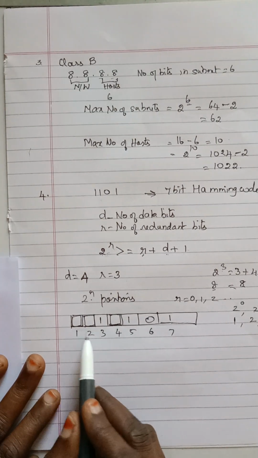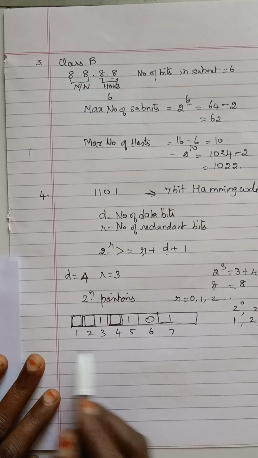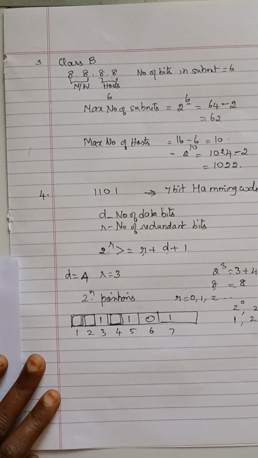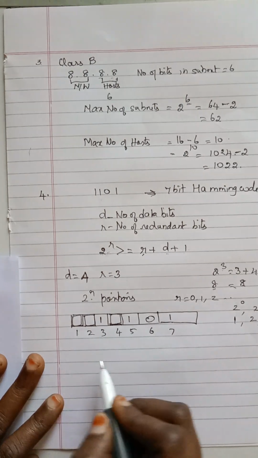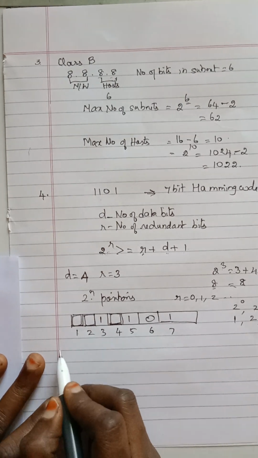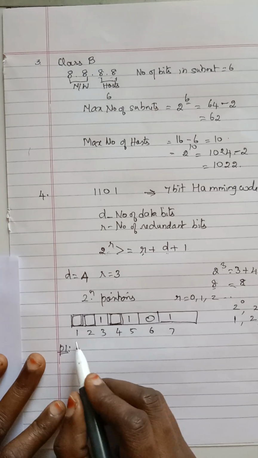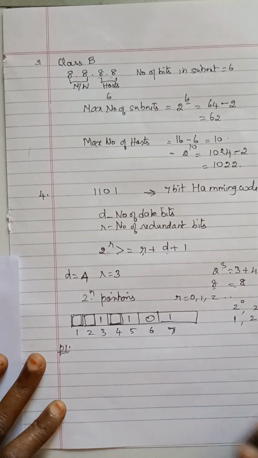Now we have to find out what P1, P2 and P4 are. To find the parity bits, we have to take the values. For the first parity bit, let's take parity 1. See, it is 7 bits, right?